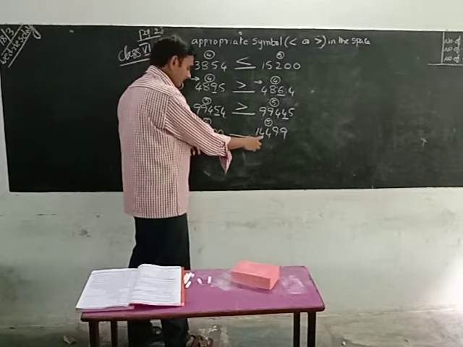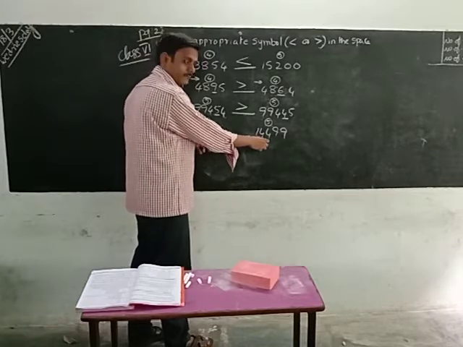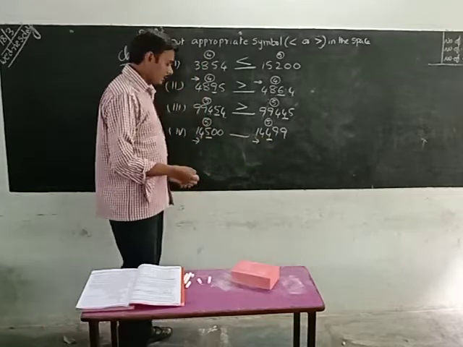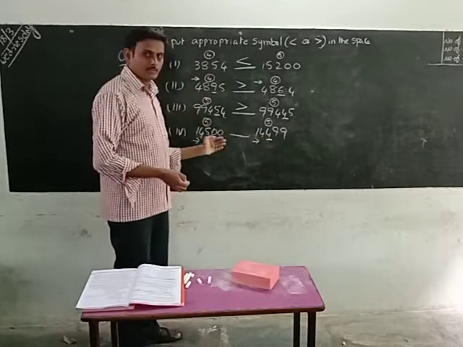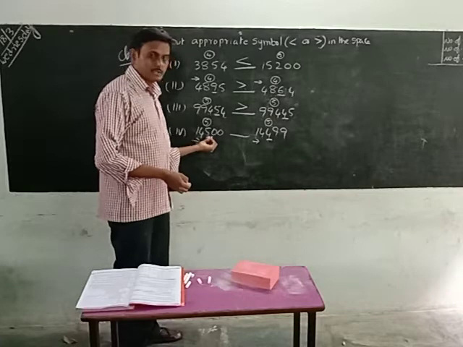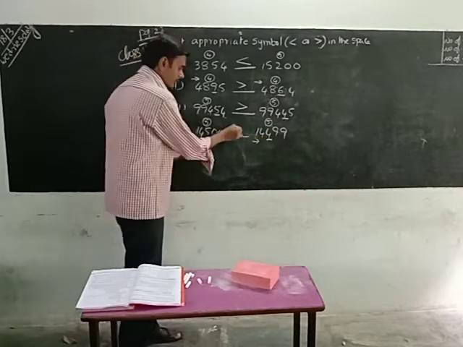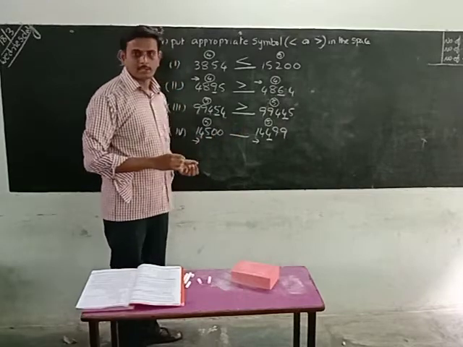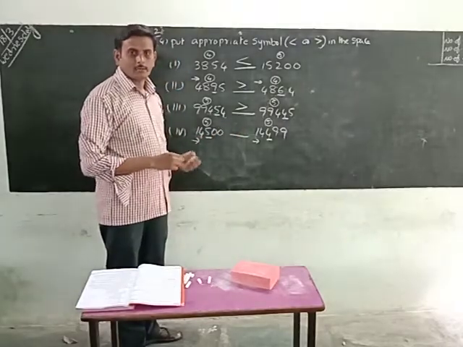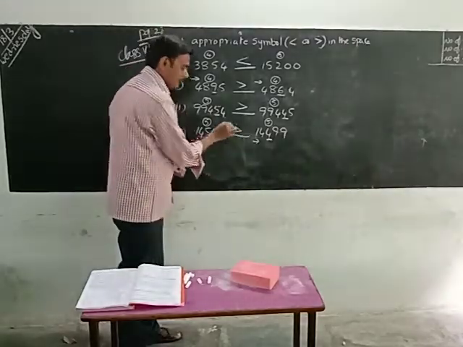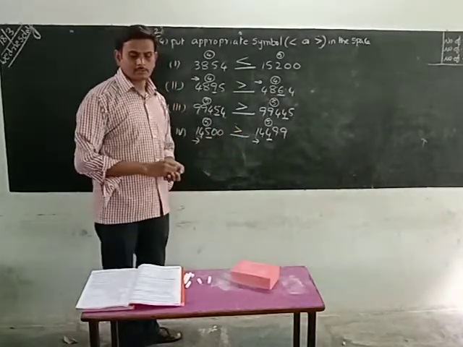Go for the second place. 4, 4. Go for the next place. 5 and 4. Which is smaller and which is bigger? 5 is bigger compared to 4. So this is the big number. We can write either the greater than or less than symbol; open it towards the big number. That you have to remember. We have to write the greater than symbol.